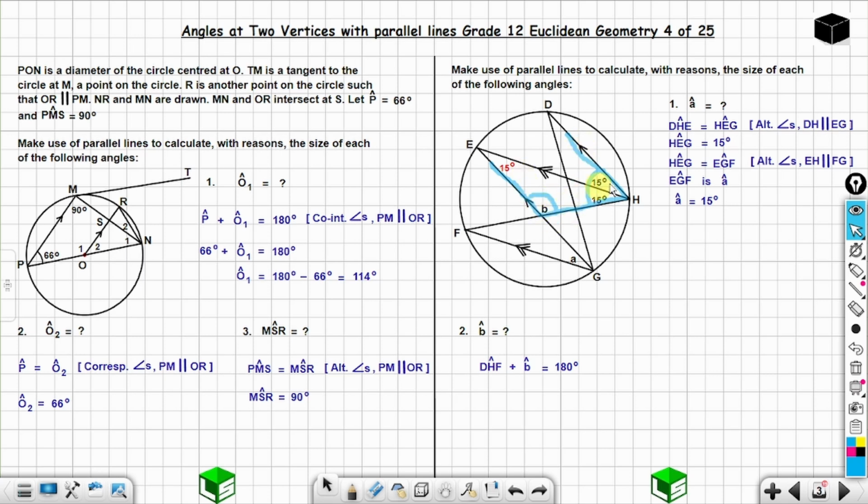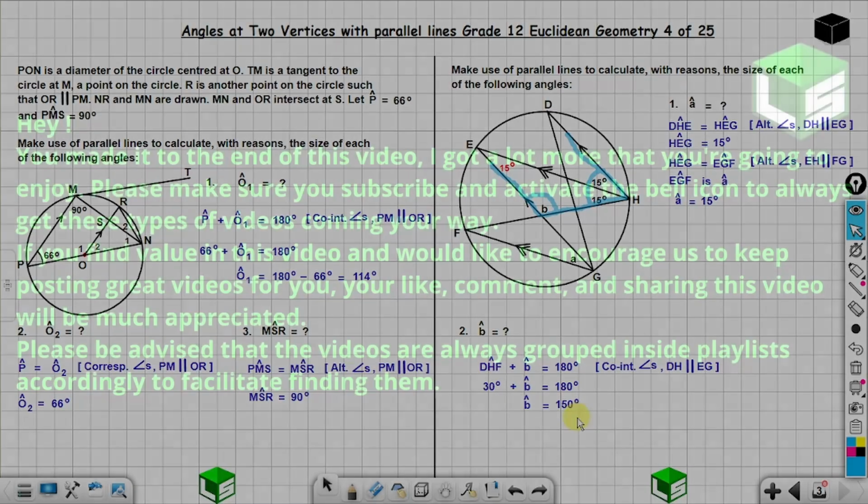And the reason is you have the angles inside, so you are going to use co-interior angles, DH parallel to EG. Now, the angle B is equal to 180 degrees minus 30. You are going to have 150 degrees.